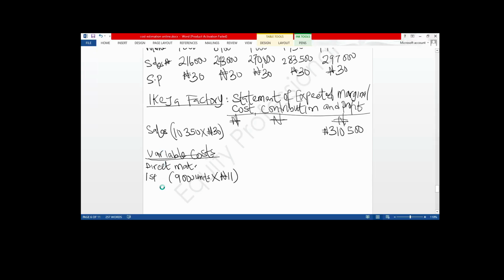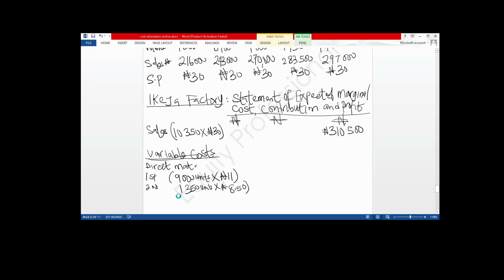You now come here, the second batch. 1,350 units. This is the unit that will take you to above 100%. This unit material cost will be 8 Naira.